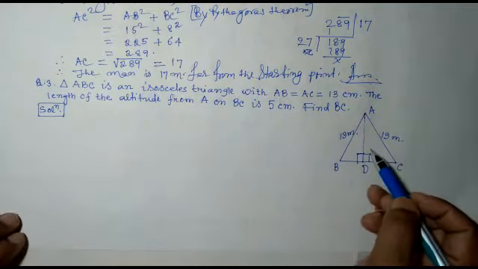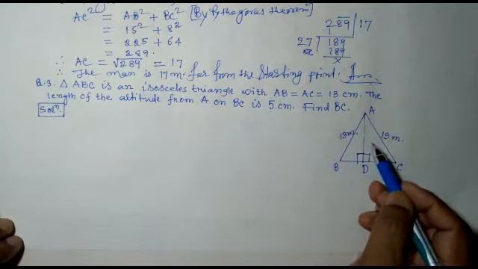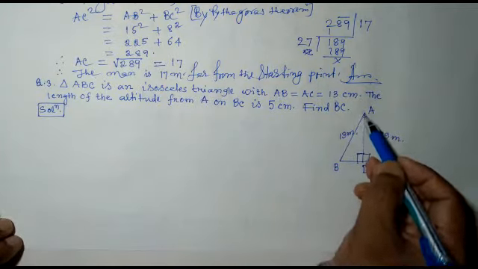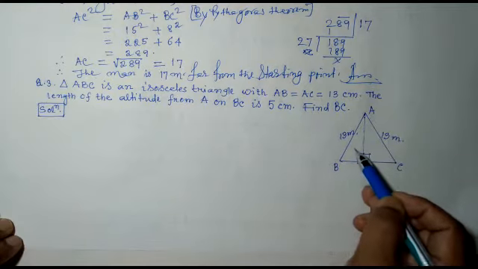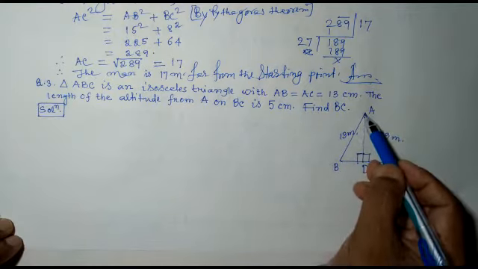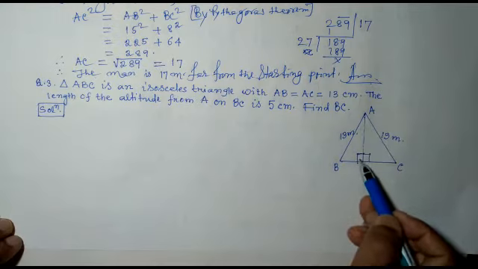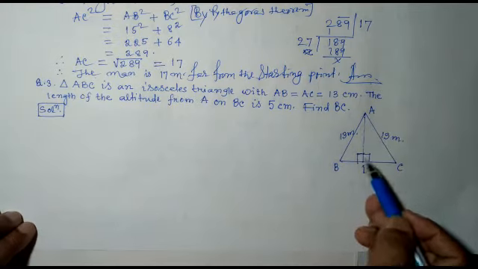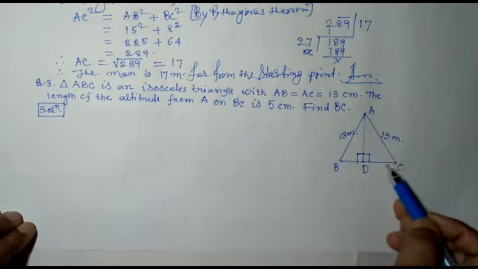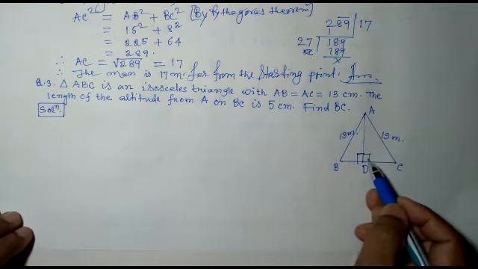Then we have two triangles in the figure now. Triangle ADB is also a right triangle because when we draw AD altitude, this angle D is 90 degree. Similarly, triangle ADC is also a right triangle because this angle D will be 90 degree.